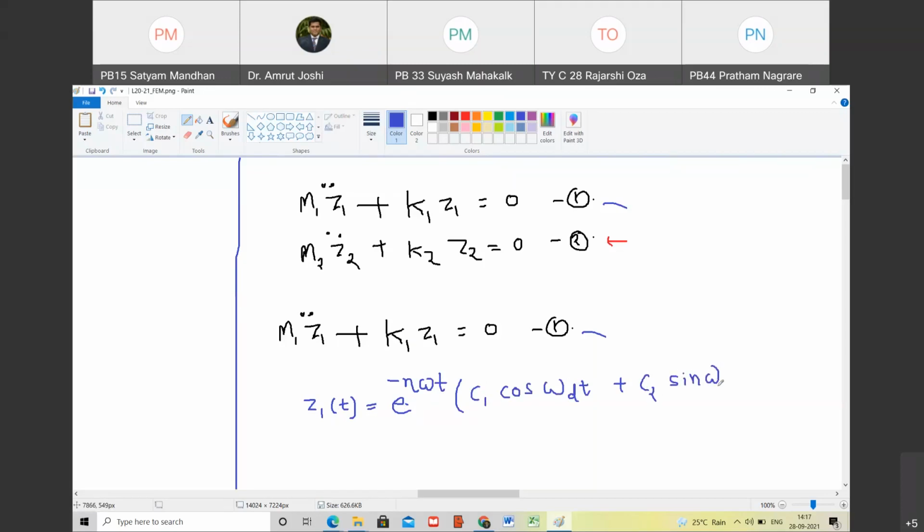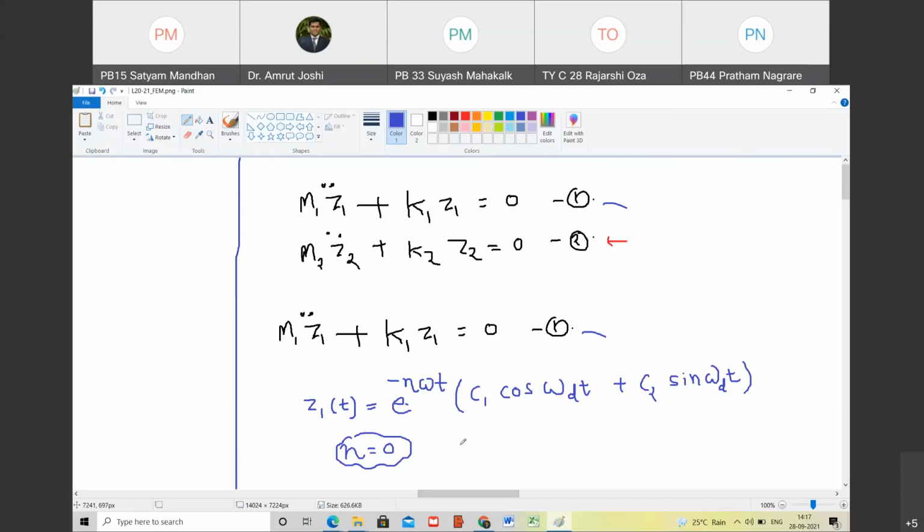Is this the solution or not? Do you agree with me? Right hand side is 0. So this is the solution to this free vibration. However, you have to understand eta equal to 0 here. Are you with me? Yes, sir. Why is eta 0? Because this is an undamped system. Happy? Yes, sir.